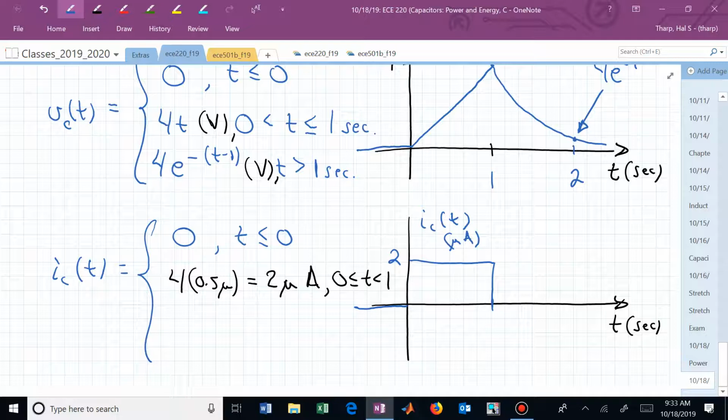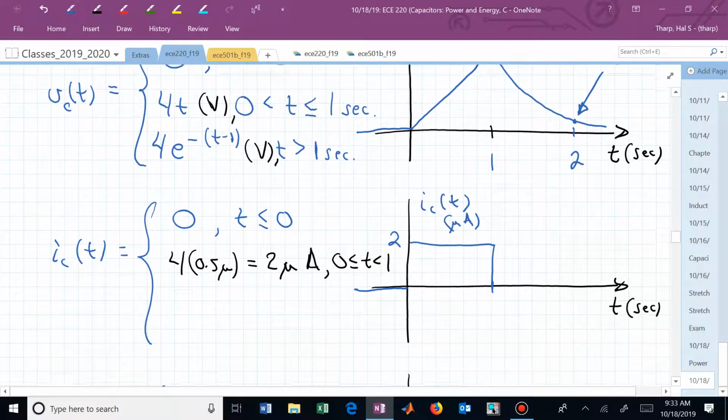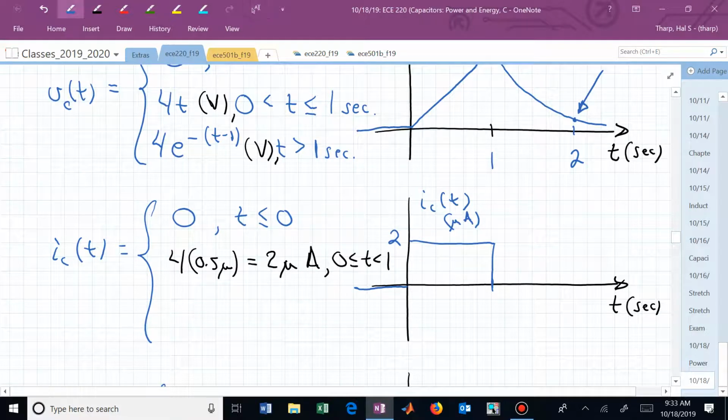What's the third piece? Well, now this is why you went through all this calculus, so you know how to differentiate different waveforms. This is now an exponential, and again it's going to be scaled by the C, so I don't want to forget that. And then I differentiate that.